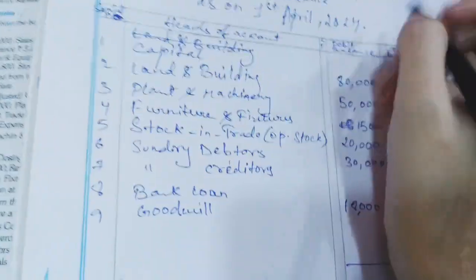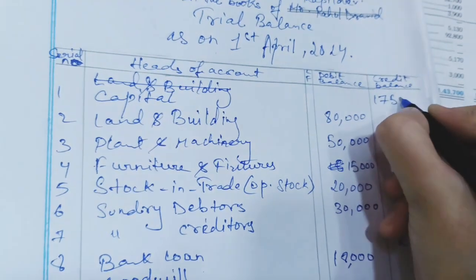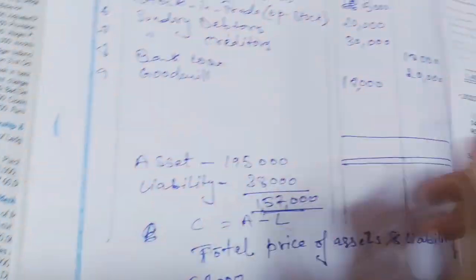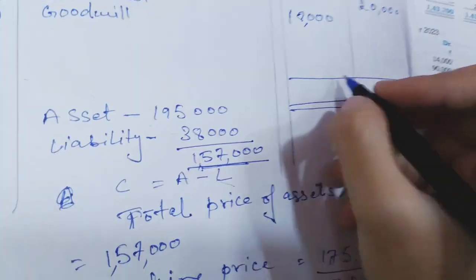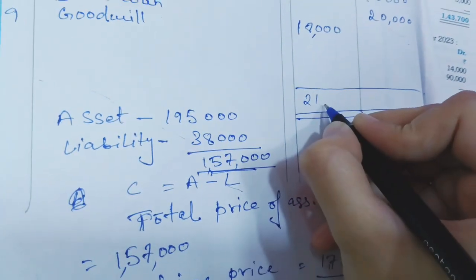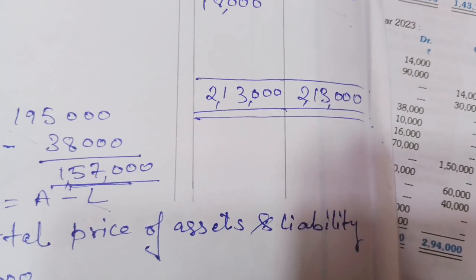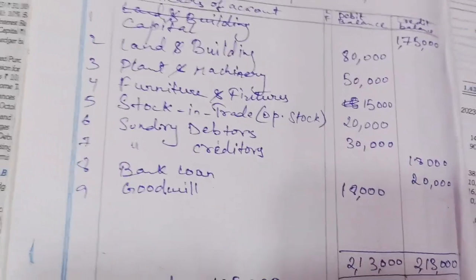What is the capital which Kapil Dev has given? 1,75,000. Before this you have to write that. Okay, total amount is 2,13,000.